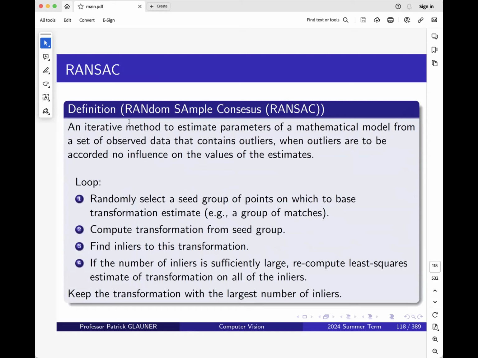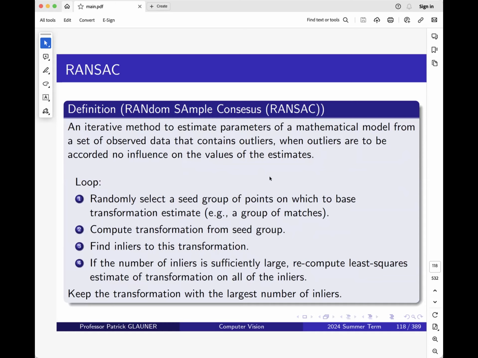RANSAC is the random sample consensus. RANSAC is a general machine learning algorithm that allows us to estimate parameters of a mathematical model from a set of observed data. And that data is noisy, so we have outliers. And what we want is to handle these outliers to some extent.